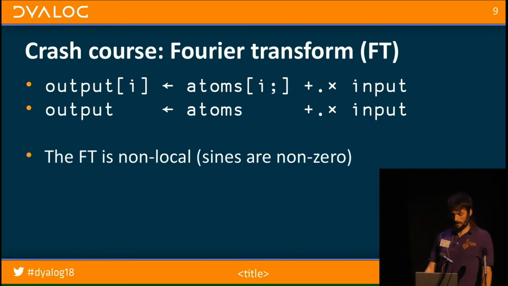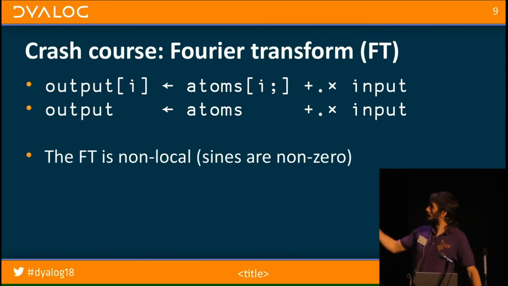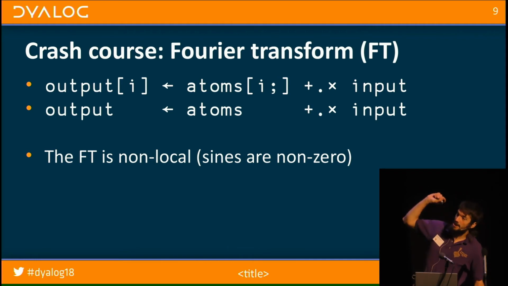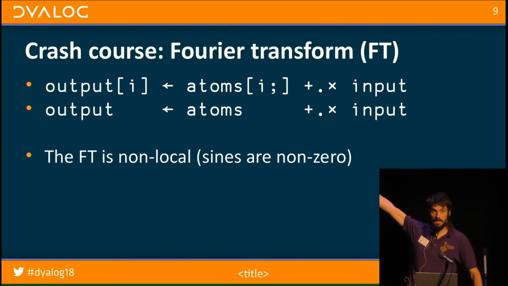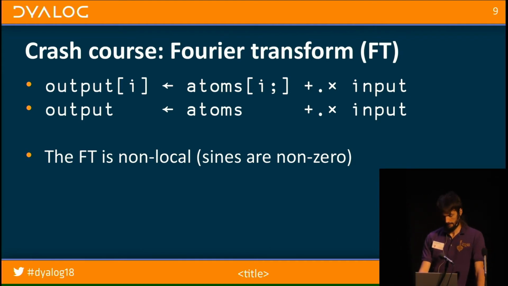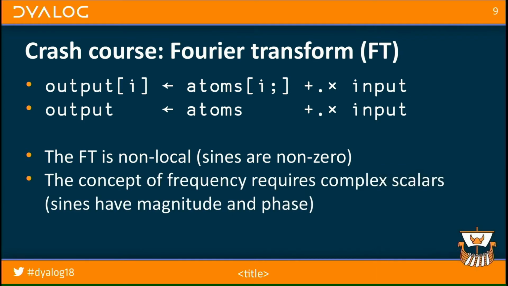The thing I would like you to remember, first of all, is that the Fourier transform is non-local. Because these signs are non-zero, if you change a single scalar in the input, it will affect every single scalar in the output. The second thing is that the concept of frequency requires complex scalars, because you cannot just scale the magnitude of those signs, you also have to scale the phase, right?